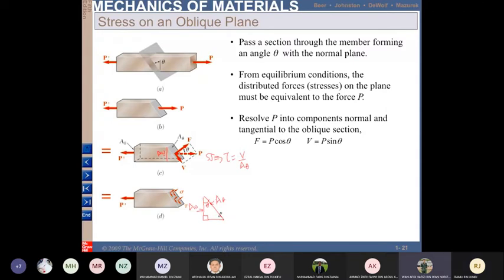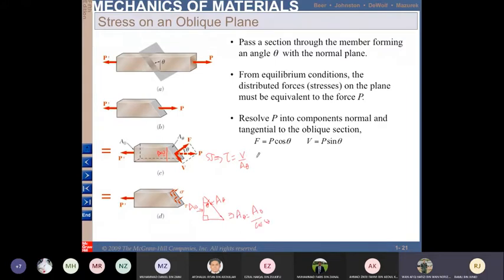And A theta is the same as we have calculated for the normal stress, in which A theta equals A original over cos theta.